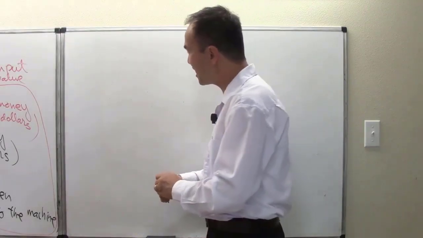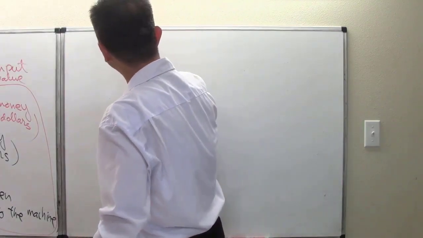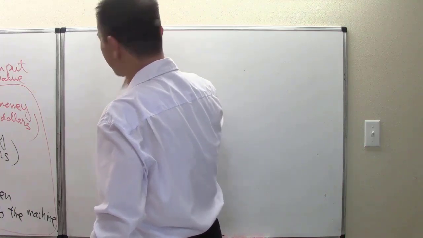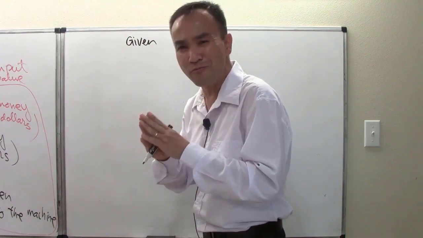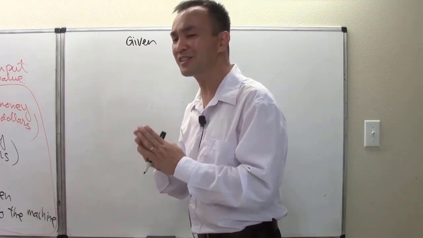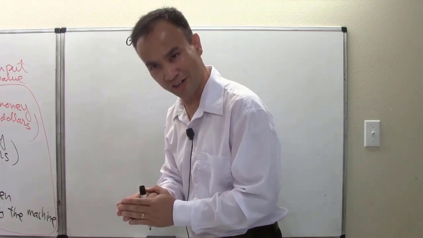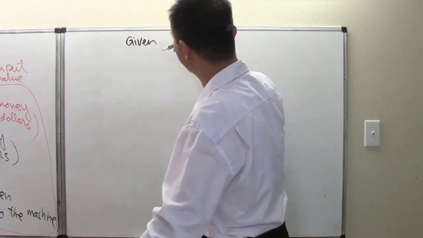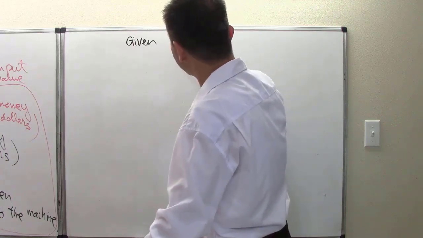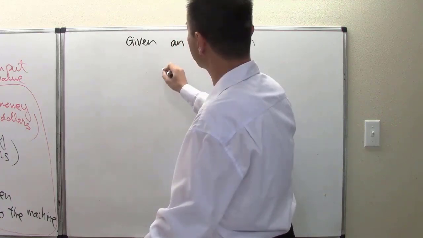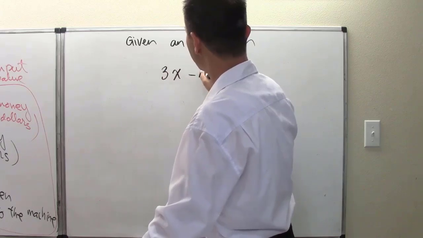So let's say you have a given expression, and that's why I said earlier, the prerequisite for this lesson is simply that you know what an algebraic expression is all about. You are given an expression as follows: 3x minus 1.